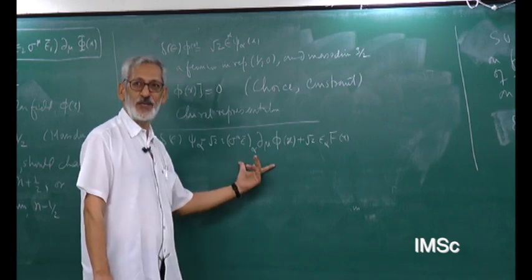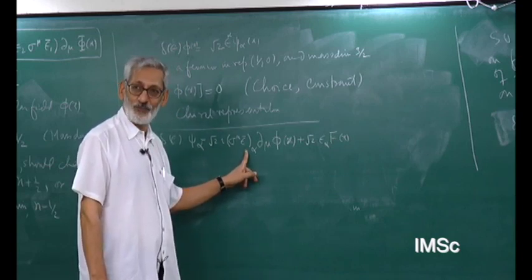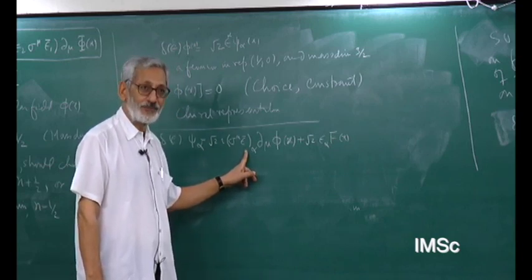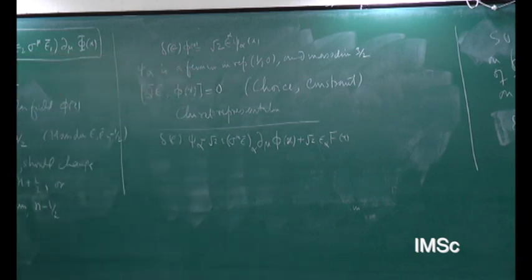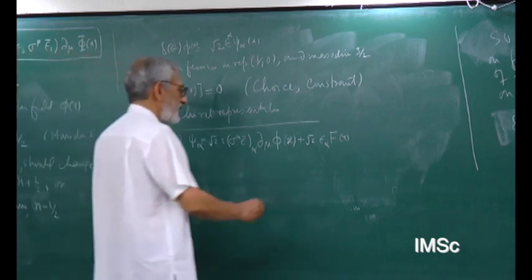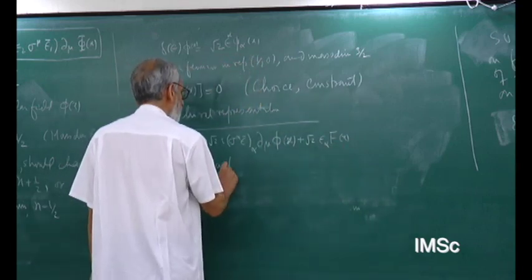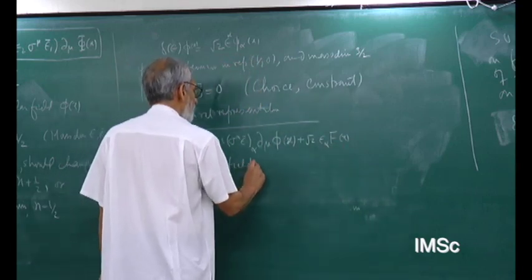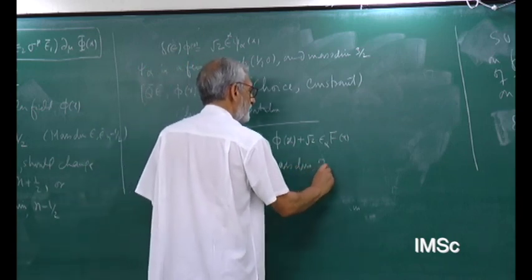This has to be the same dimension. That's the reason there's an epsilon sitting here. So F is a field of mass dimension 2.